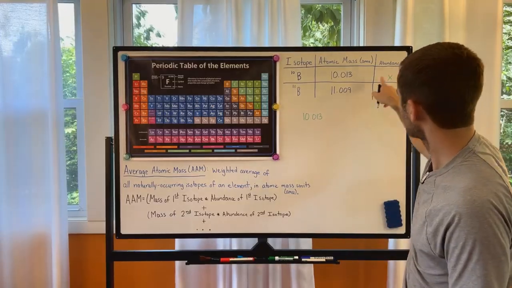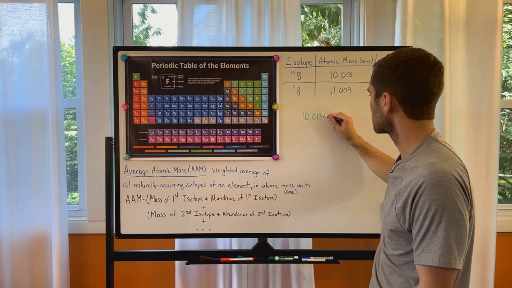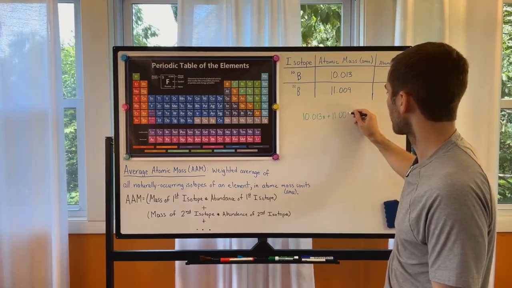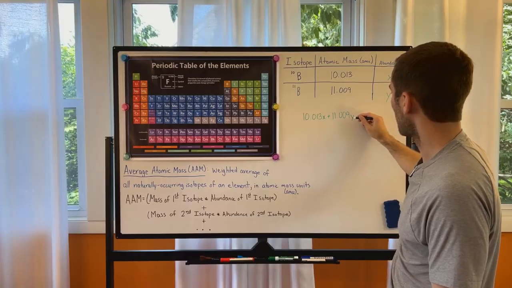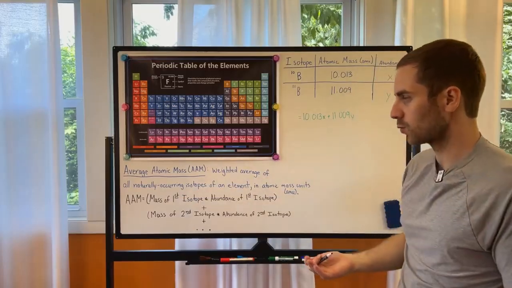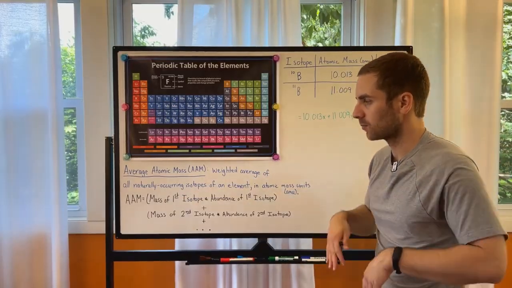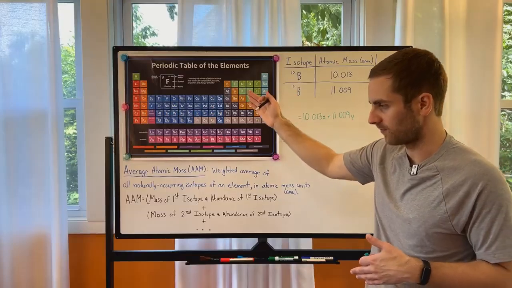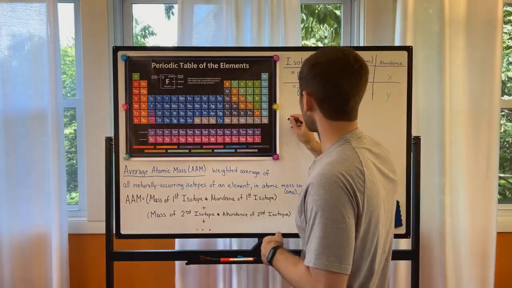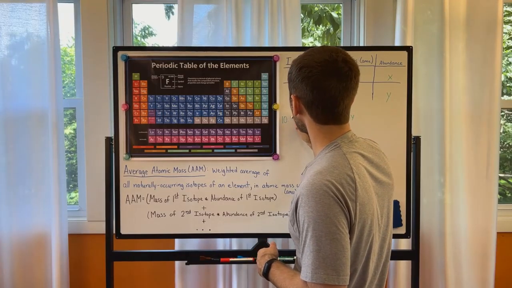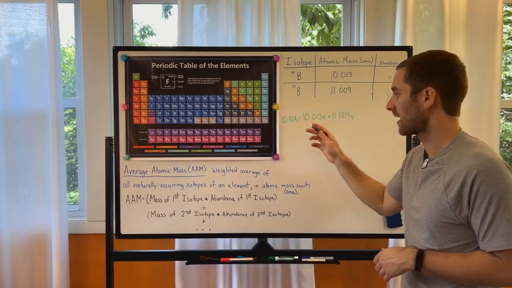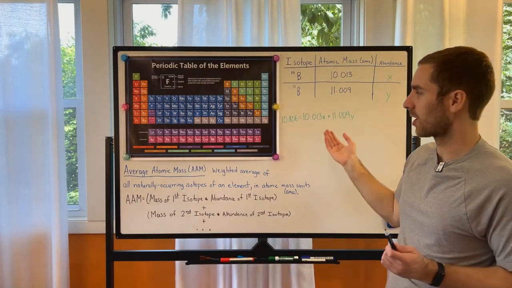So it's that times X plus the other one, 11.009 times Y. That is equal to the average atomic mass, which in this type of problem we have to take from the periodic table. Looking at boron, this periodic table has its average atomic mass at 10.806.